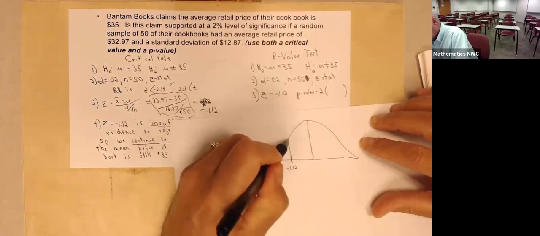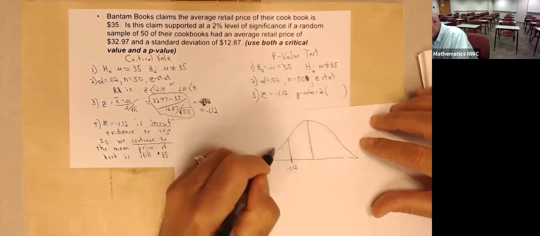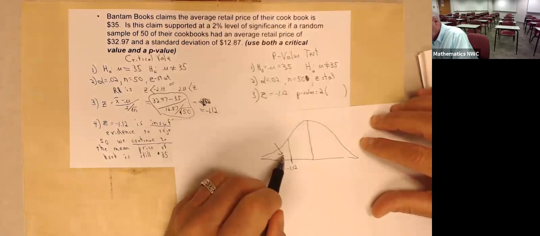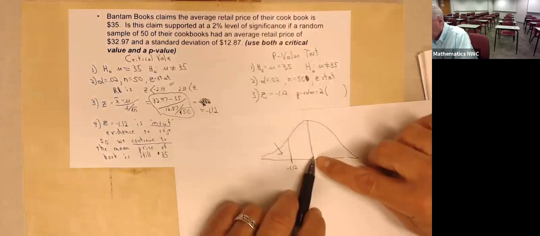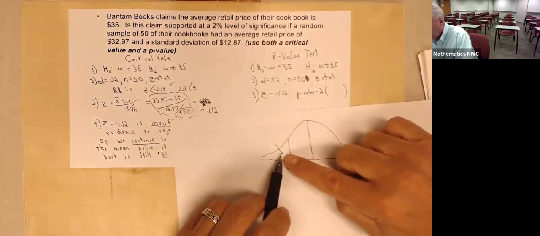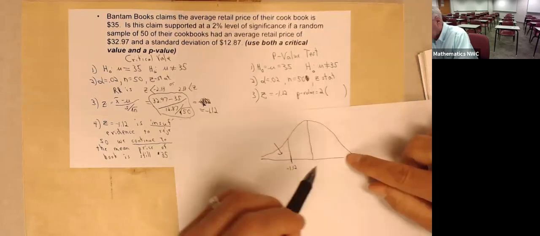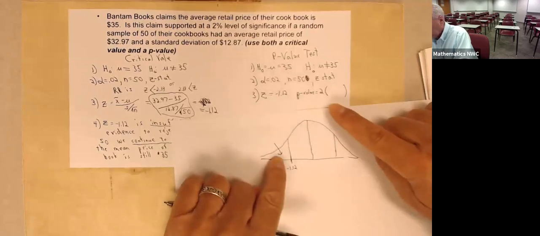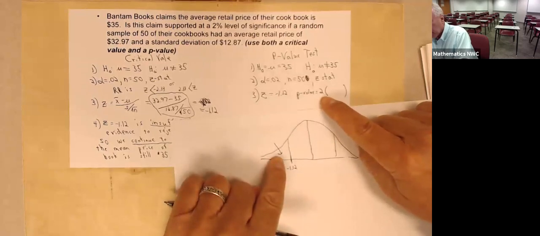I need to find the probability of this tail and double it, because I'm looking for basically the probability that it's that far away from the mean. So I need to find that one tail and double it for my p-value. That is why I have a 2 here.